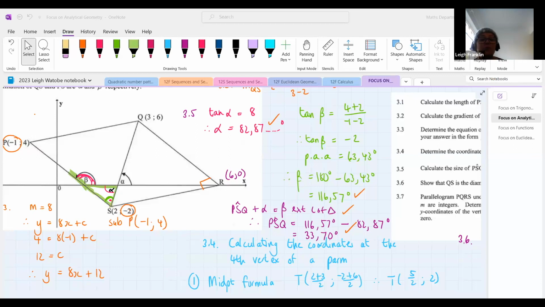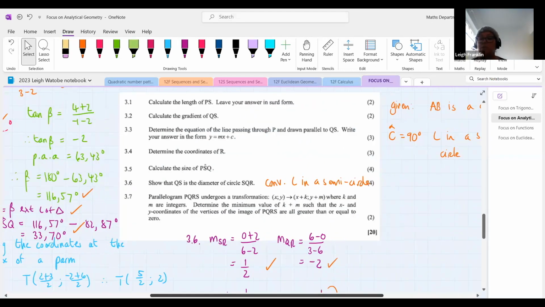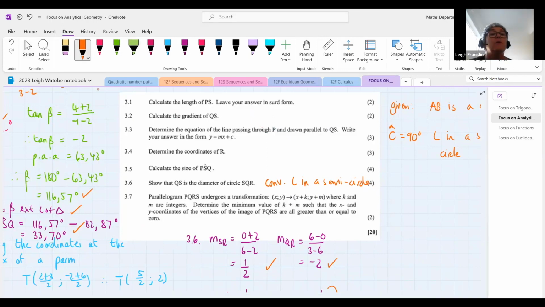Okay. So what that means is that in terms of X, we would have to add, let's just set that out the right way. So in terms of X, it would have to be X plus 1 in order to move it to the right.